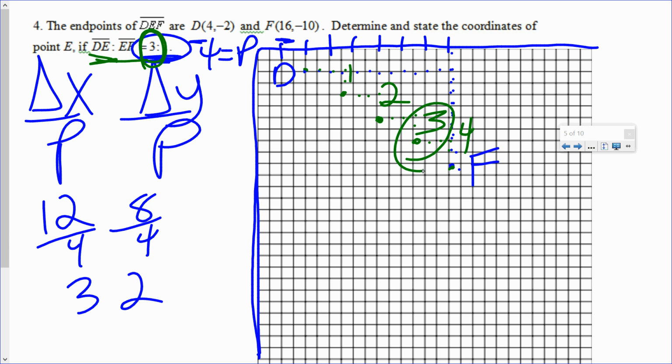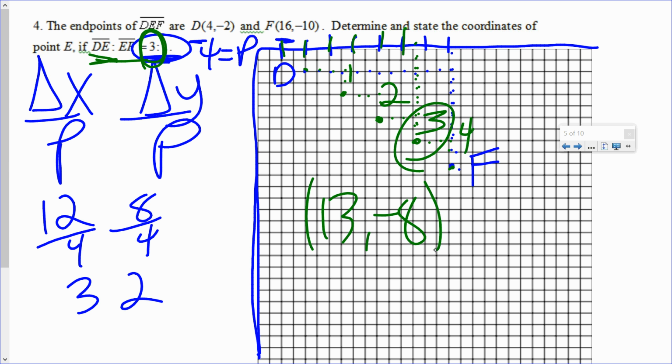The coordinates of the point are, let's see, 2, 4, 6, 8, 10, 12, 13, comma, negative 1, 2, 3, 4, 5, 6, 1, 2, 3, 4, 5, 6, 7, 8. Looks like 13, comma, negative 8.